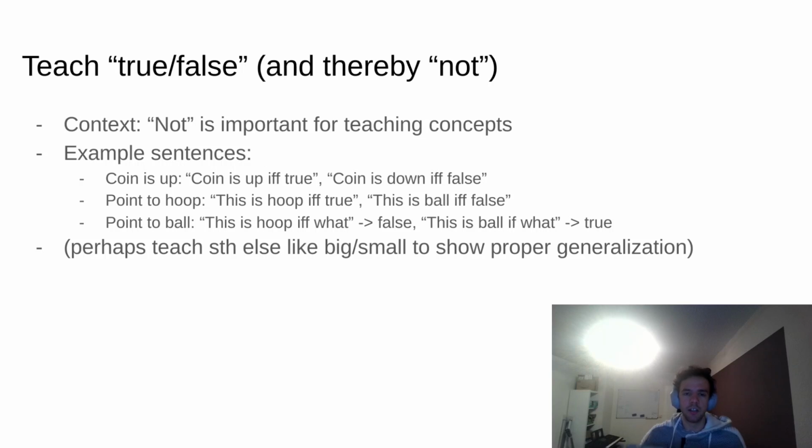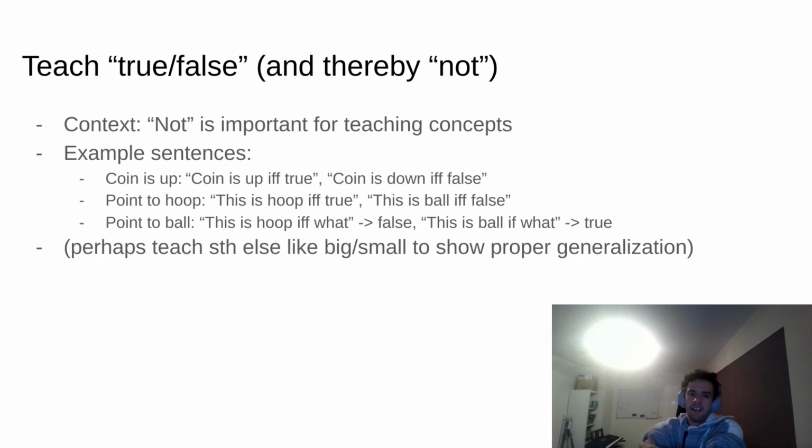Then we make a lot more examples: now the coin is down, but we say "coin is up if false". And then, the coin is down, why did they say coin is up? And they said some "if false" after that. Okay, and then maybe we do another example like "this is ball if false". Maybe we need a lot more examples, of course, but maybe they pick up on the pattern that every time we say something that didn't fit what they previously learned, we also say "if false" after that.